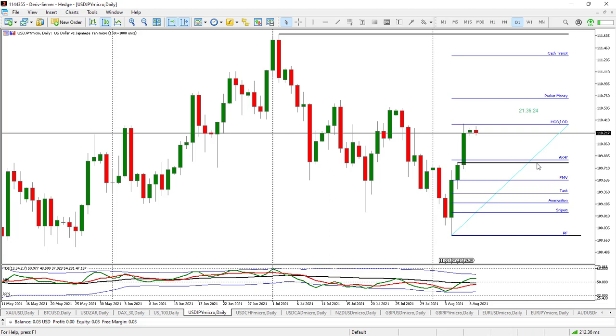If not, this last candle before that rise from the market, and then I'll be looking for kind of a move like this one. Or this one.